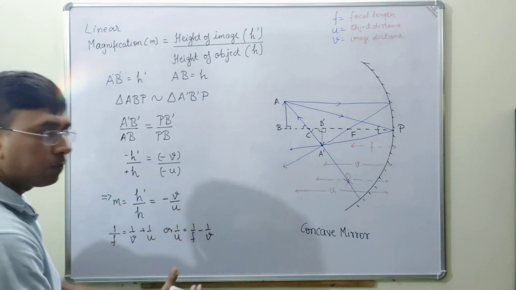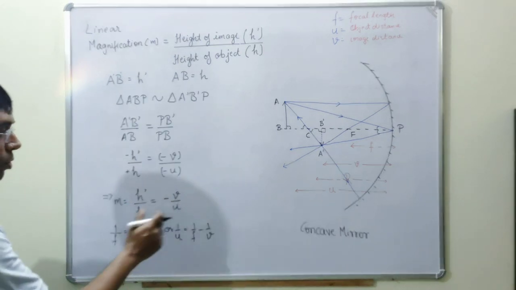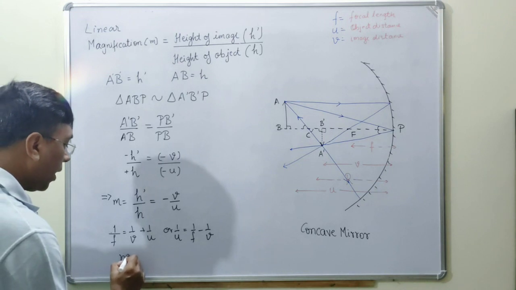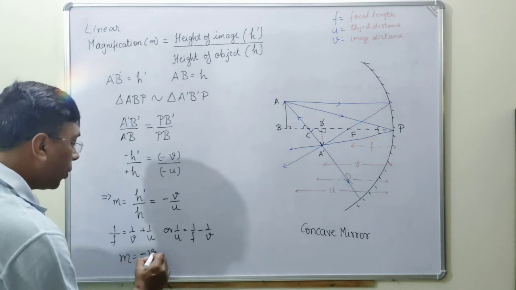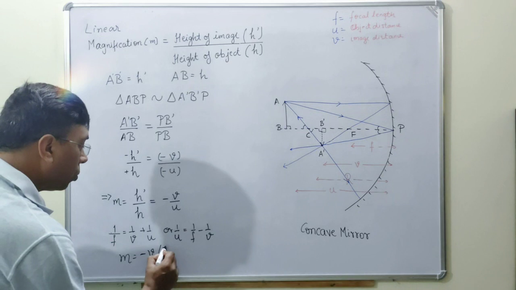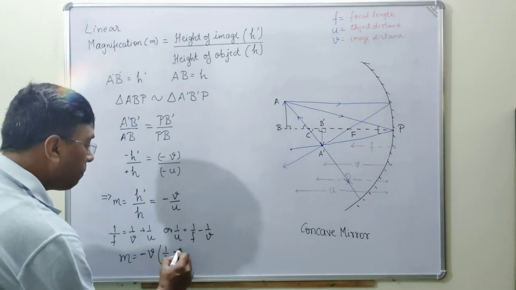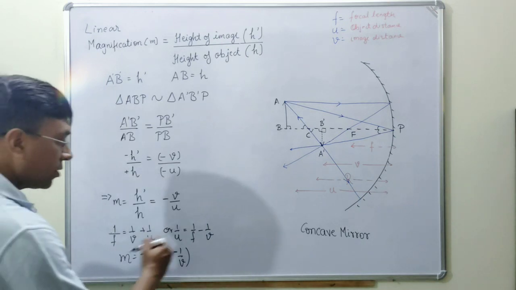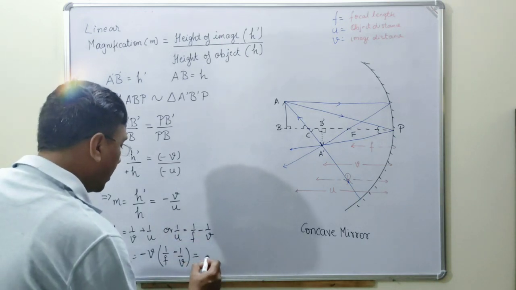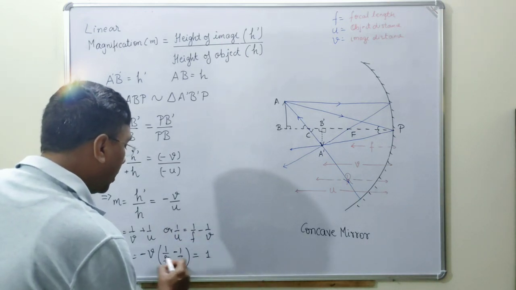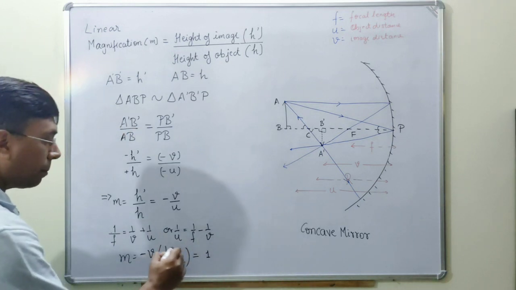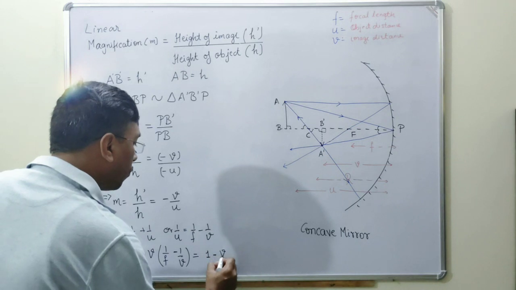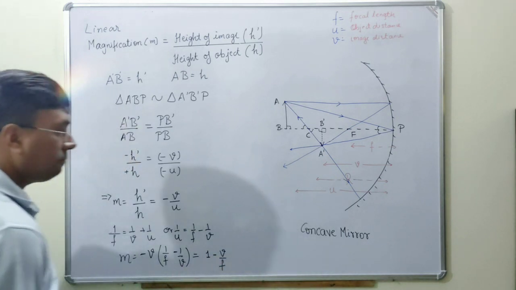So when I club these two formulas, that is minus v upon u with 1 upon f minus 1 upon v, I can write m equals minus v times 1 upon u, which is 1 upon f minus 1 upon v. And when I multiply minus v inside the bracket, this gives me minus v upon f plus 1, that is 1 minus v upon f.